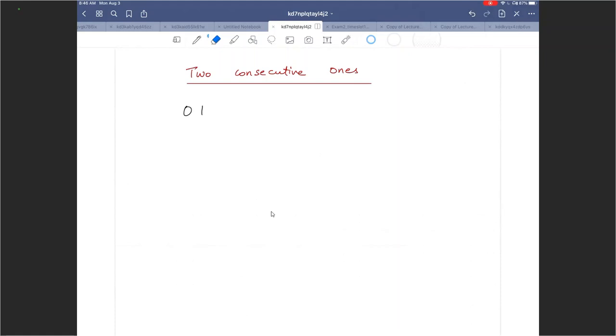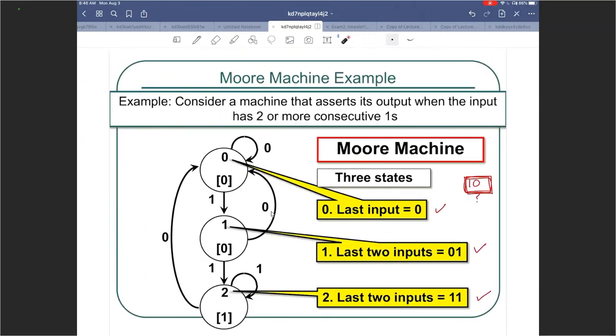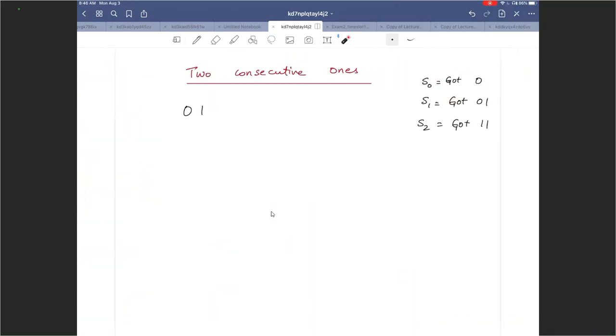S0 is got 0, S1 is got 0 1, and S2 is got 1 1. That's what we declared in the previous diagram, and I'm trying to discuss why we chose those specific states.